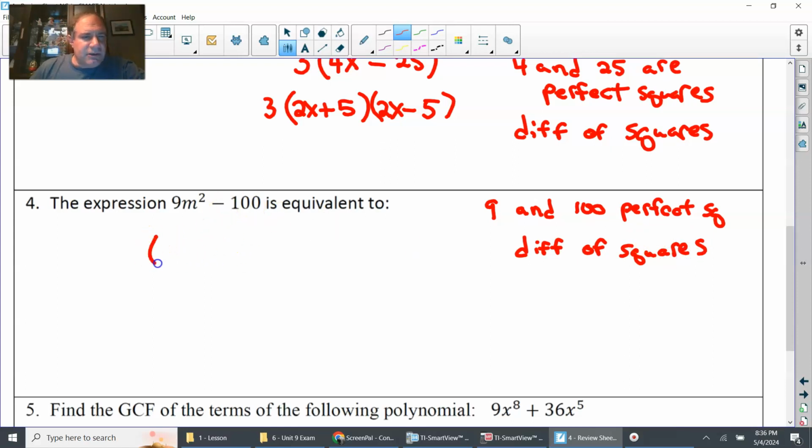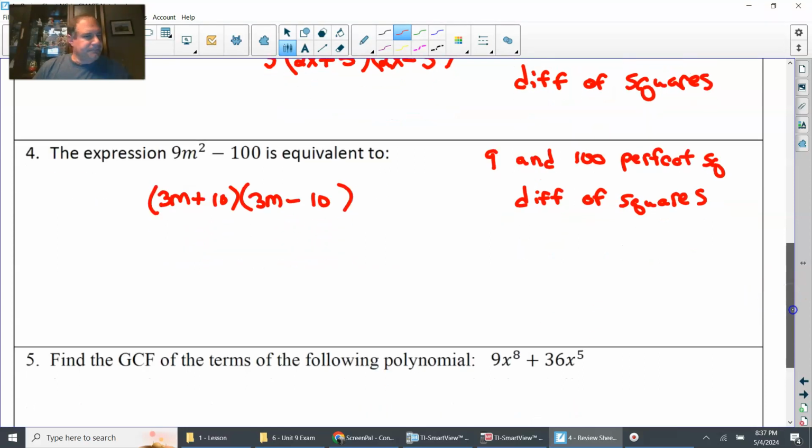So now this is going to set up into two binomials. What times what equals 9m squared? Positive 3m and 3m. That's 9m squared. Then you have a positive and a negative, the difference of squares. What times what equals 100? 10 times 10. You are finished.